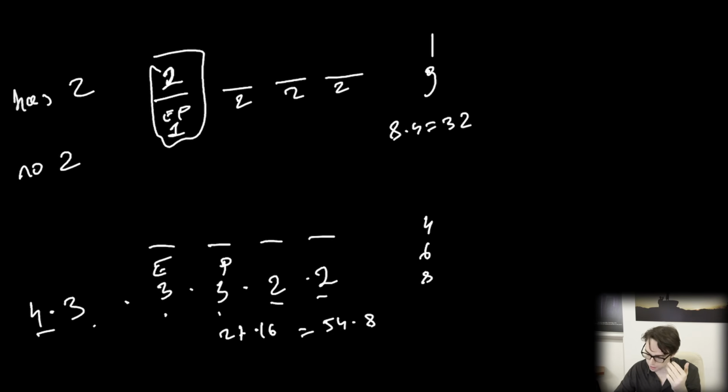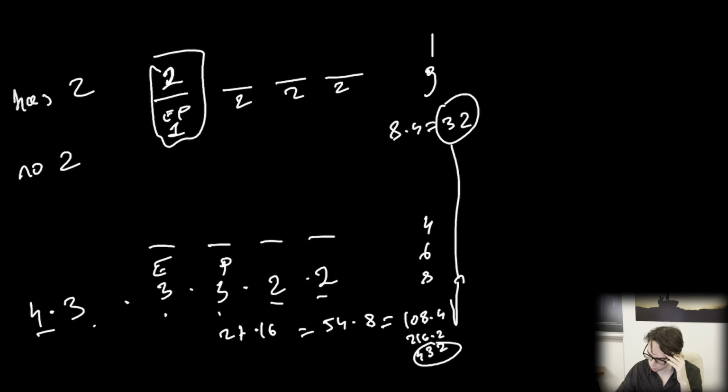I just like to double every time. 108 times 4. And now 216 times 2. So it's 432. Okay, 432 plus 32. These two together, what do they give me? You combine and you get 464, and that's the right answer.